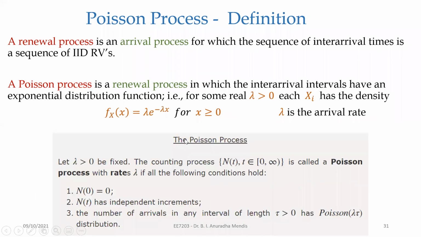Okay. Now if lambda is greater than 0, that means a positive value, it's a fixed value. The counting process N(t). So you know what this counting process is?